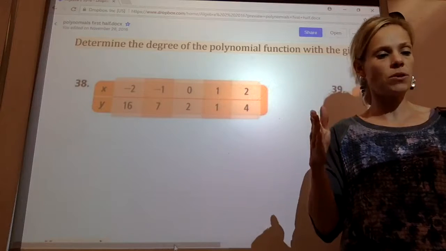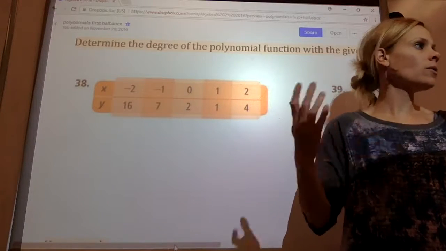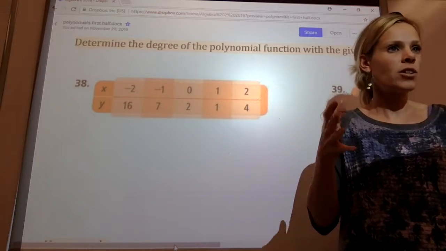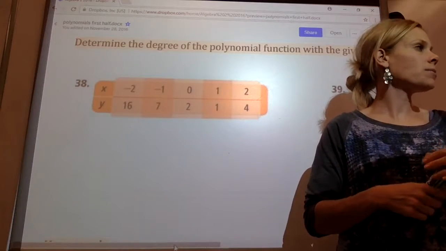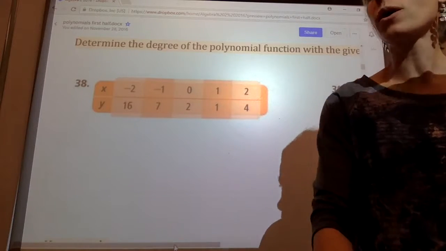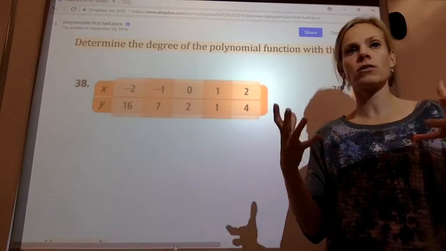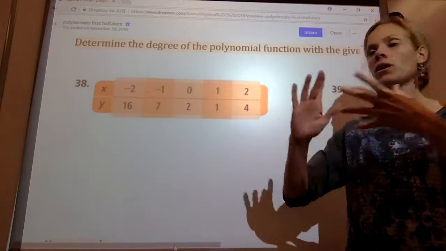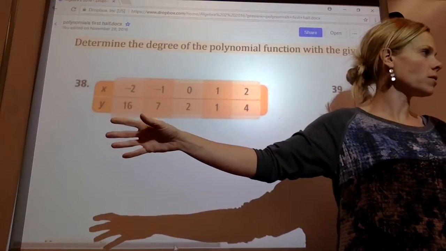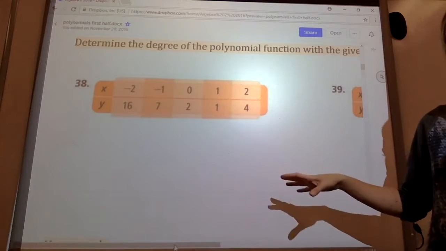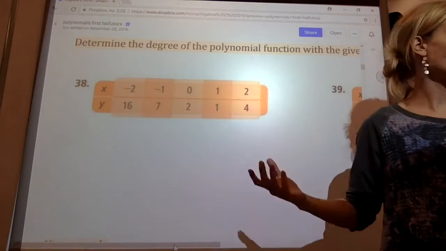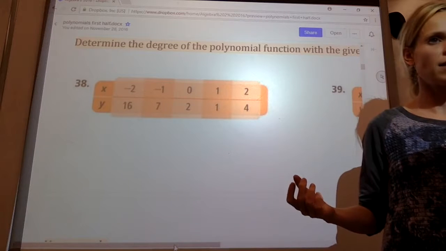When we did the chapter on linear functions, we knew they were linear because everything in that chapter is linear. When we did the chapter on quadratic functions, we knew it was quadratic regression models because everything in that chapter is quadratic. But now that I'm looking at all of these different polynomials and I have a data set, how do I know which polynomial is going to represent that data?